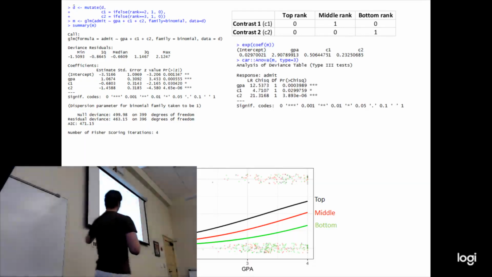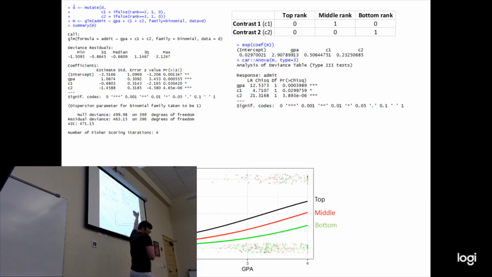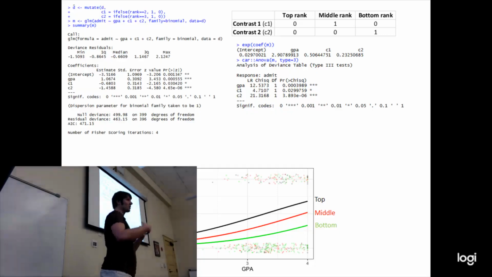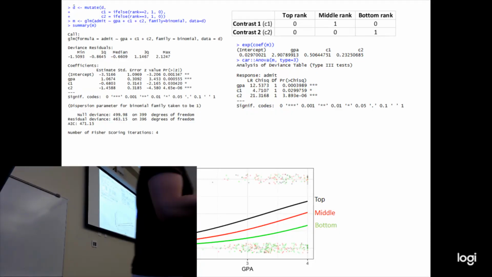So if I use the exponentiation function, exp, that gives me my coefficient values in terms of odds, and specifically in terms of odds ratios.